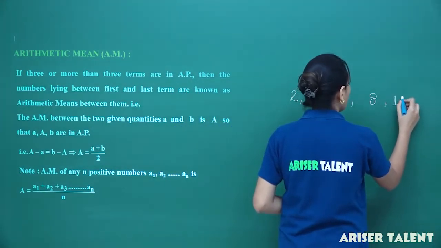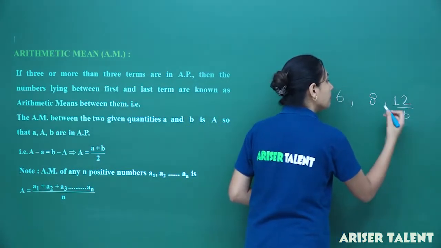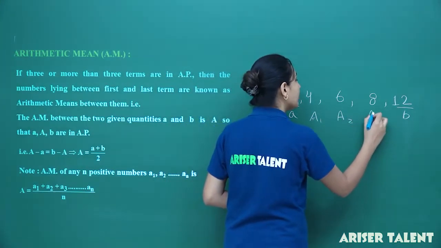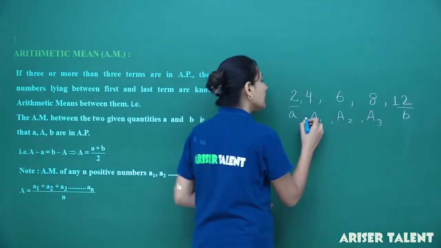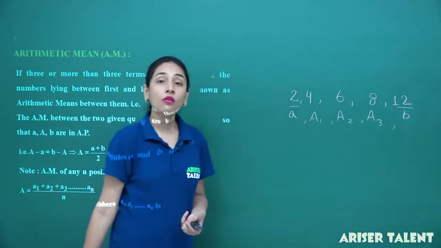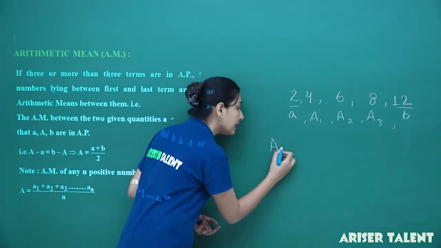Let's suppose I am inserting these 3 numbers. This was your A, this was your B. So these numbers, let's suppose these are A1, A2 and A3, are what? Arithmetic means. You will write it as AMs.